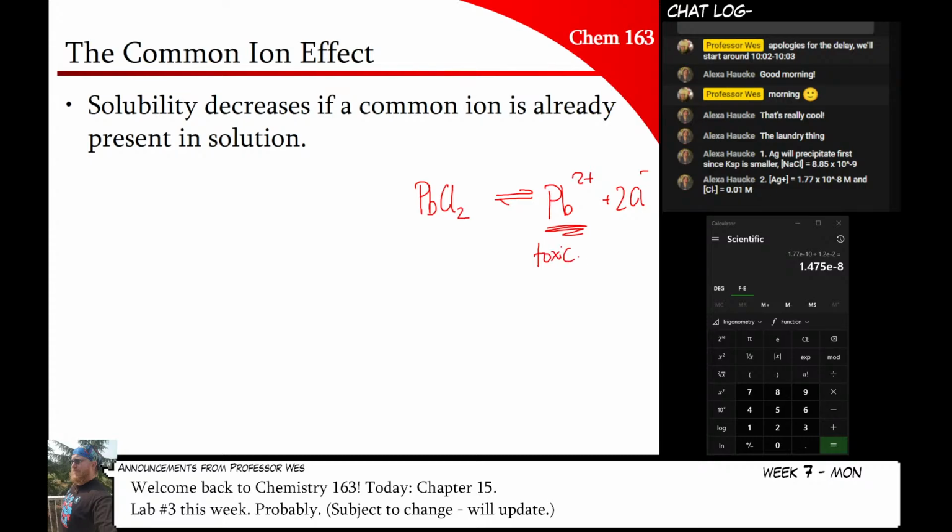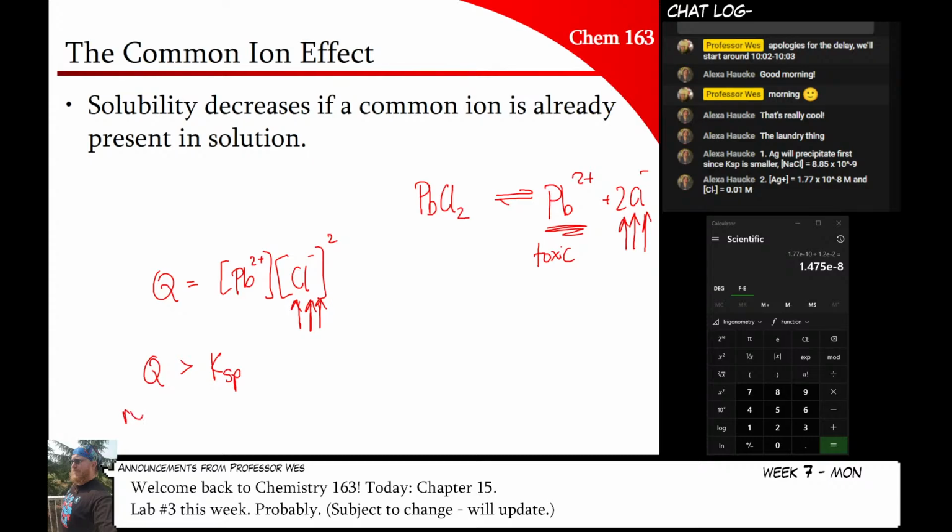So what we could do is, using Le Chatelier's principle, what if I increased this number? So if I just filled the solution with sodium chloride, so I made it salt water. If this number is really big, then when I calculate the reaction quotient here, which would be this number, and this number was way too large, then as a result, Q would be greater than KSP, right?